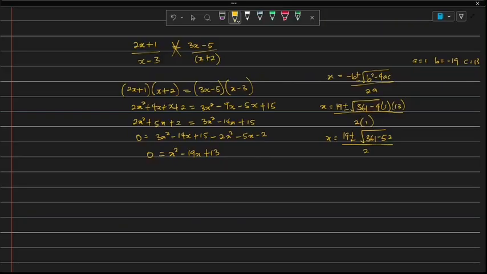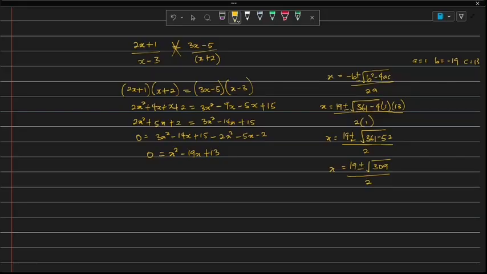All over 2. Right. I'm going to be having x is equal to 19 plus or minus. Now, if you do 361 minus 52, what are you left with? You're left with 309, 309 all over 2. Right.